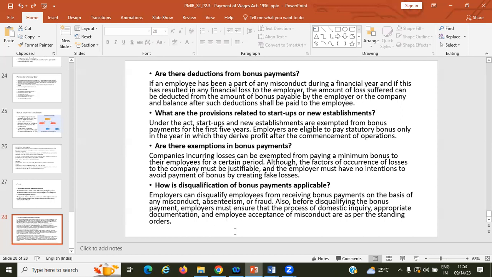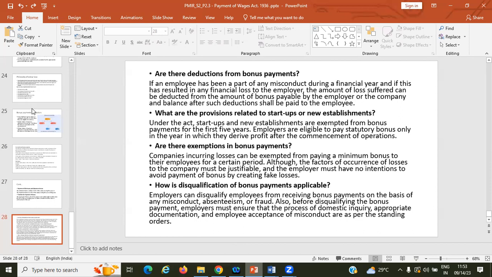So these are the questions that may come in the exam, and we'll discuss some real-time scenario, practical scenario, some analysis, some case studies on these three acts tomorrow.